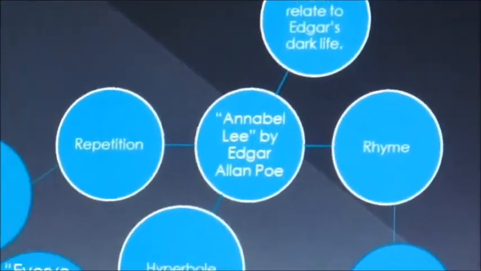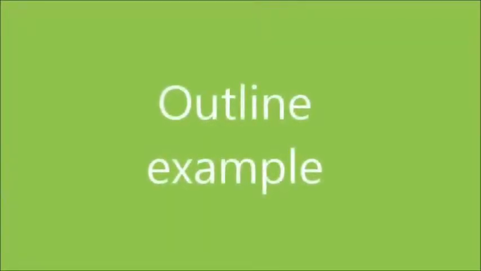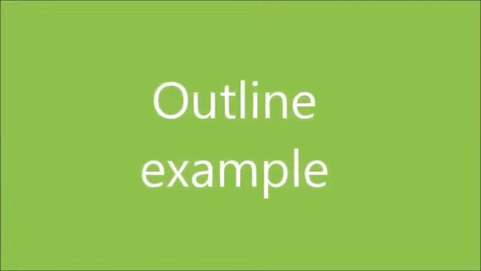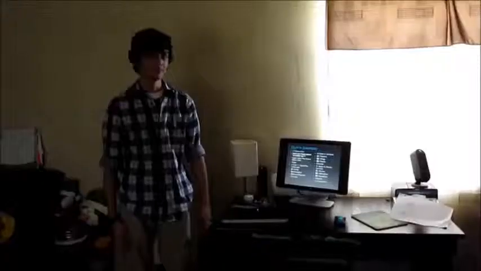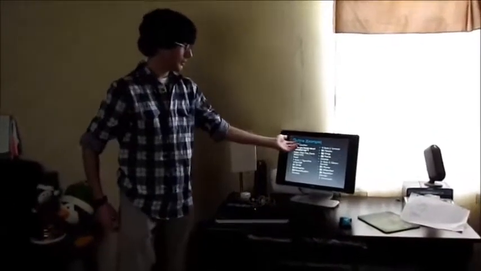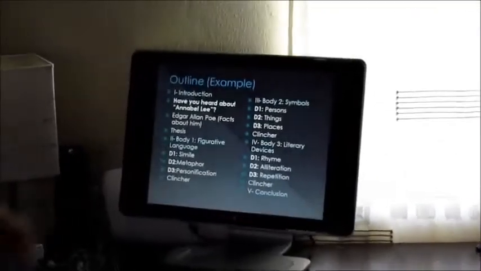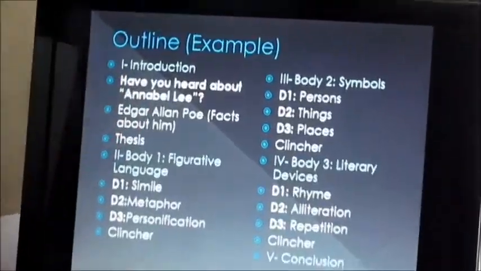Now we're going to show you an example of an outline about the poem Annabel Lee by Edgar Allan Poe. In the introduction, you see that we have "Have you heard about Annabel Lee?"